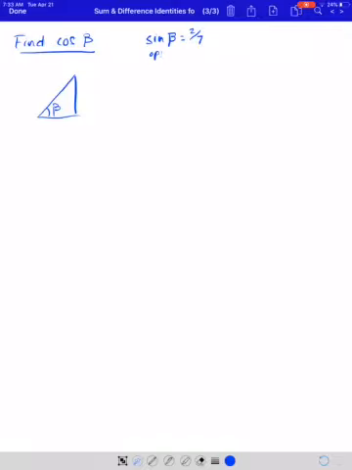Sine is opposite over hypotenuse, so my opposite side is 2 and my hypotenuse is 7. We again have to find x. If we set up the Pythagorean theorem, x squared plus 2 squared equals 7 squared. So x squared plus 4 equals 49, and we get x squared equals 45.